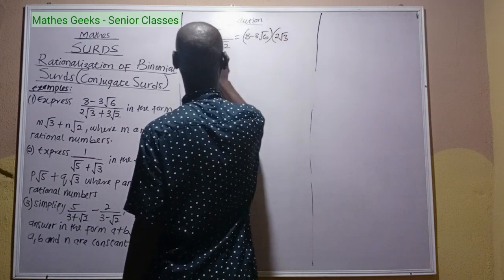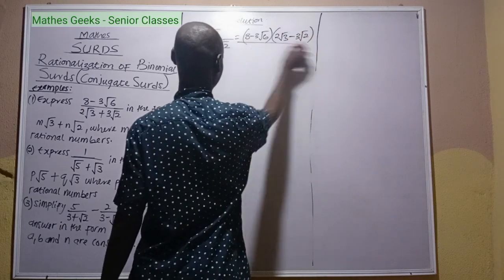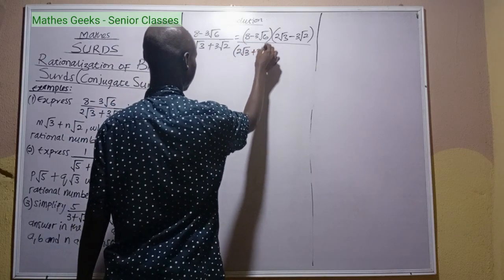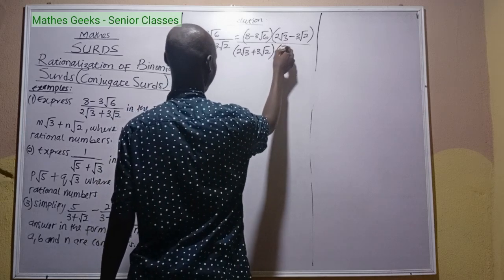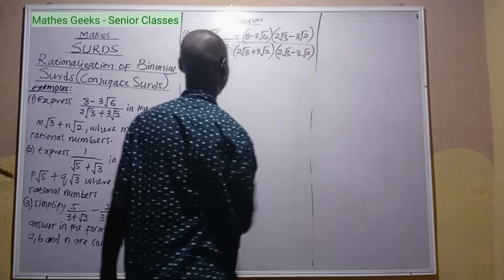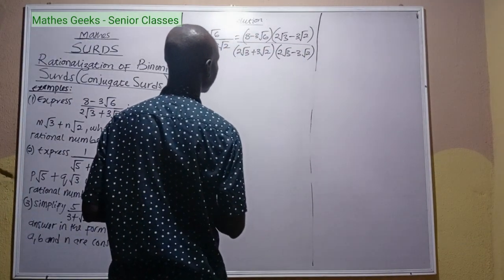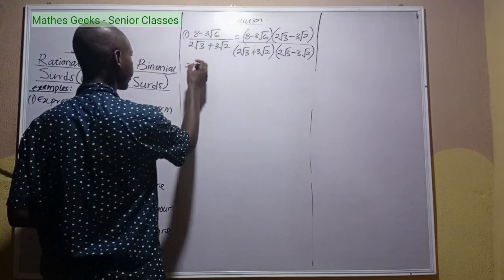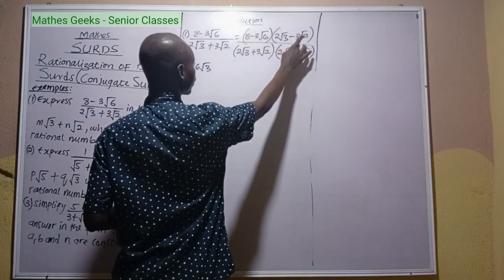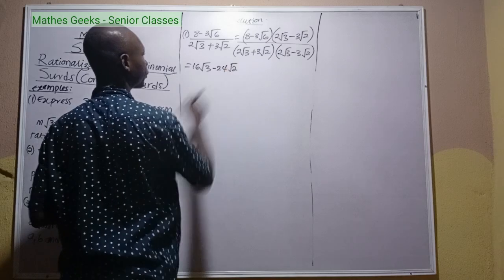Since it's plus, the conjugate is 2 root 3 minus 3 root 2, over 2 root 3 plus 3 root 2 multiplied by its conjugate, 2 root 3 minus 3 root 2. 8 times 2 will give us 16 root 3. 8 times minus 3 will give us minus 24 root 2.